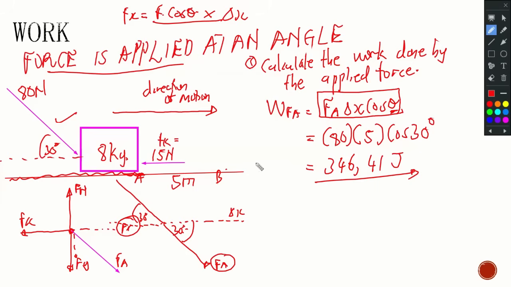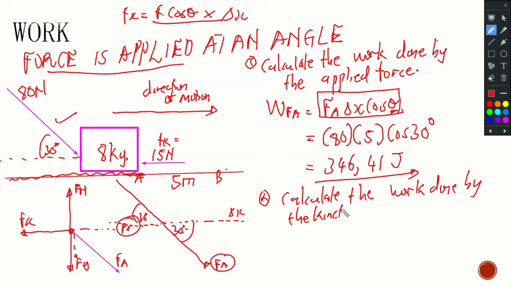If number 2 here were to say, calculate the work done by the frictional force, by the kinetic frictional force, I don't want you to be confused as to using that angle, right? So this is work done by Fk. It's going to be Fk delta x cos theta.